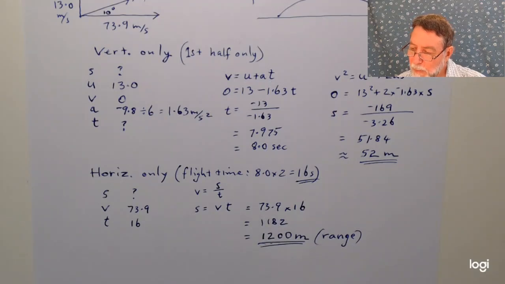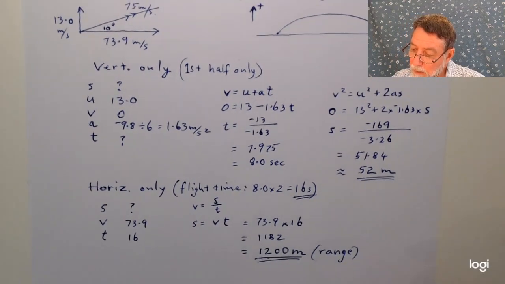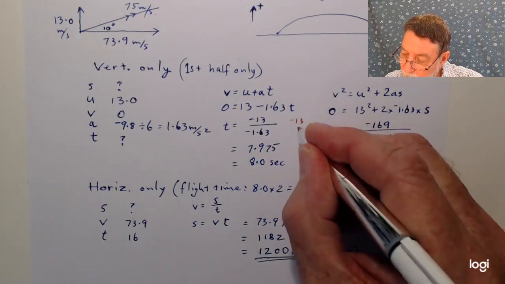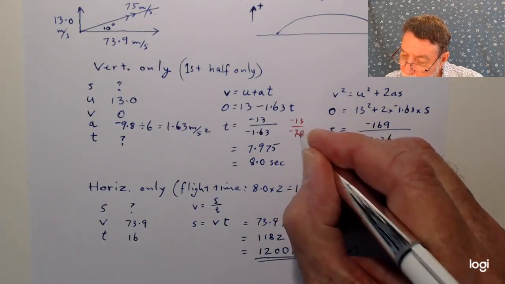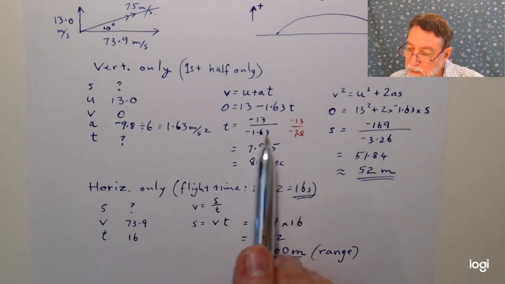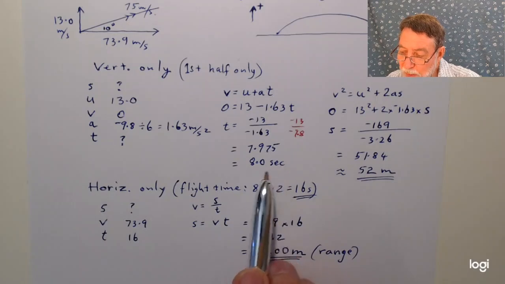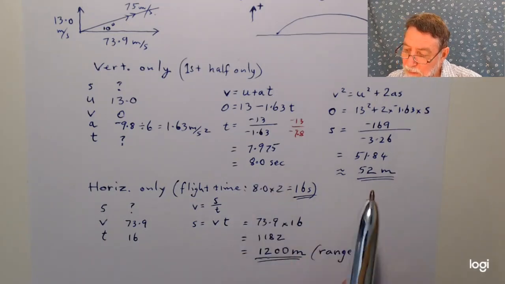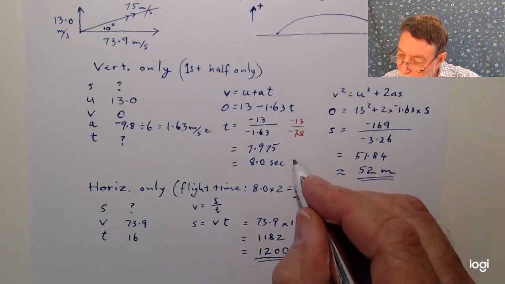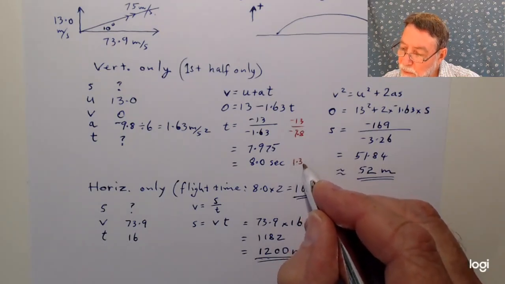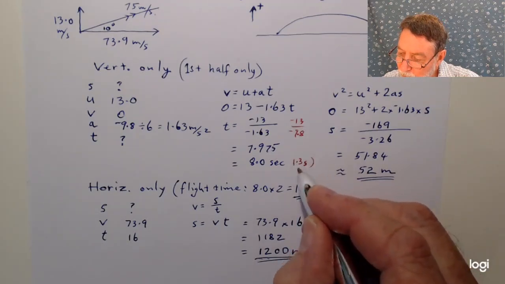It's interesting to look back and see what would happen if we did this same velocity on the Earth, the same initial velocity on the Earth, and you'd get the negative 13 divided by negative 9.8. That's a factor of 6 there, so you would actually have 1/6 of 8, which is about 1.3 seconds on Earth.